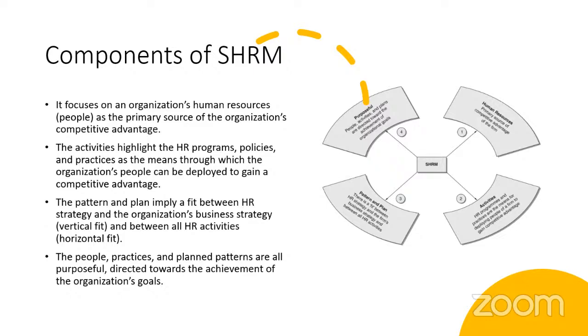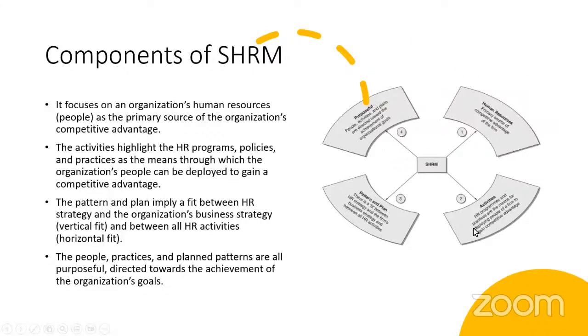And then the people, practices, and plan patterns are purposeful. That's talking of the objectives, the visions, the goals that we want to achieve as an organization. So these are the 4 basic components of a strategic HR.